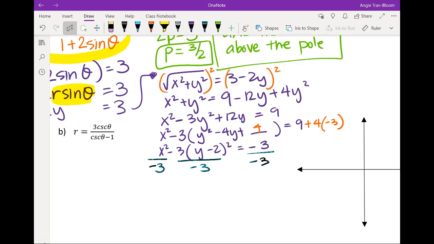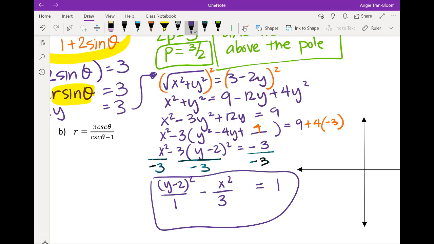I'm going to hold it right there before I go further. So this becomes a 1 here. The y is now a positive over 1 value minus x squared over 3. Would you guys agree with that equation? Yeah. We're going to hold right there because I don't want to start graphing and then the bell's going to ring. This is what you're going to pick up.